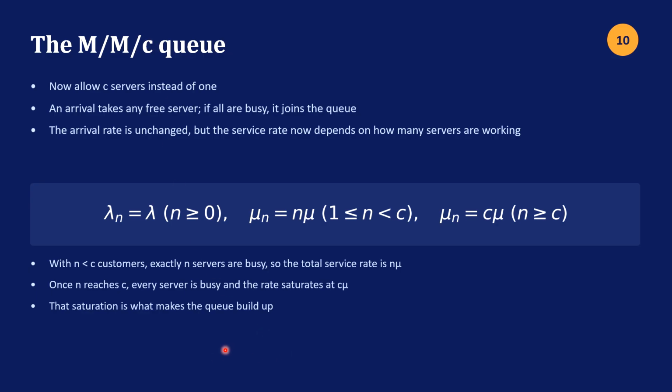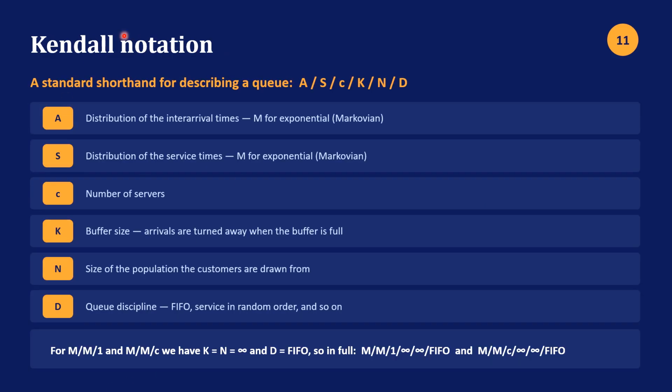Okay, so let's continue. There's an actual notation here for different types of queues, which I have on the next slide. I have the Kendall notation for queues on this slide. This is the format. These are the meanings of each of these. So A is the distribution of the inter-arrival times. M stands for exponential. There's other possible values. Then S is the distribution of the service times.